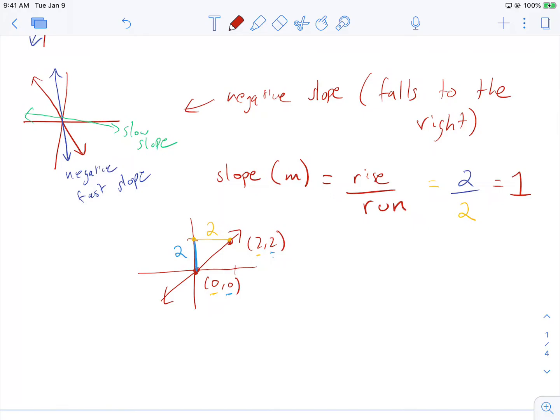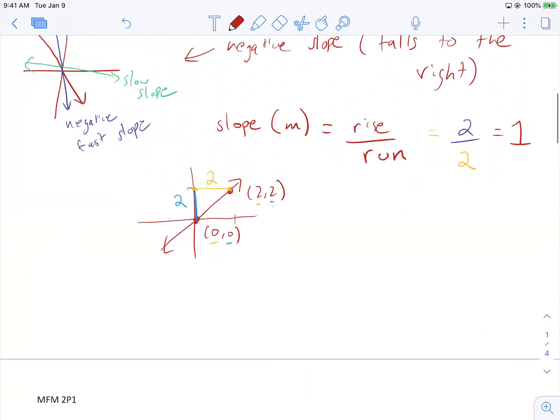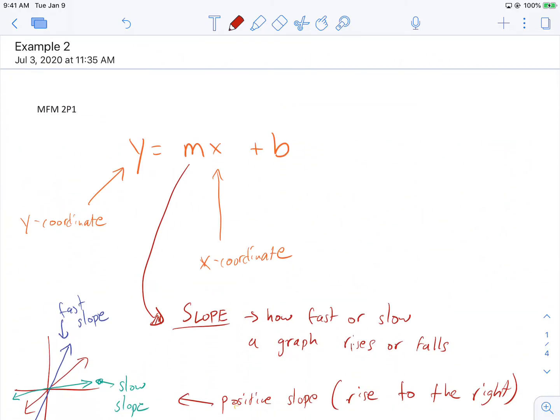But let's take a look at the other part. The other part is this b value here. The b value is what we call the y-intercept. And this is very easy. It's the easiest part of this entire thing. Y-intercept is where the graph crosses the y-axis.